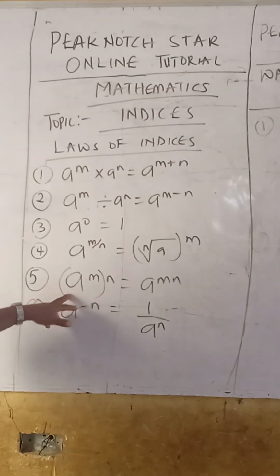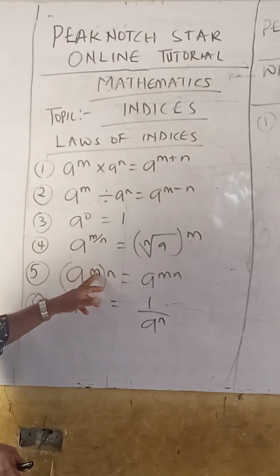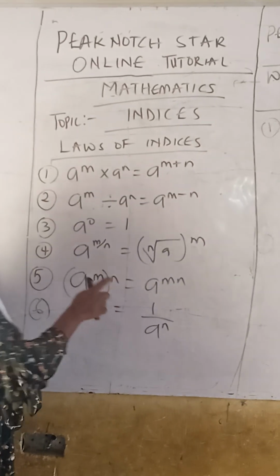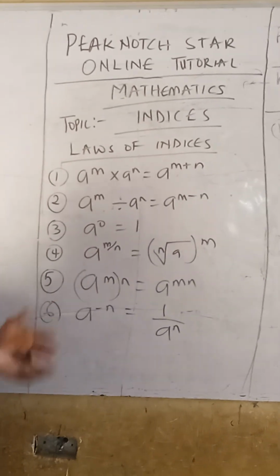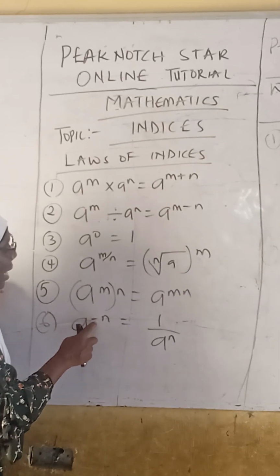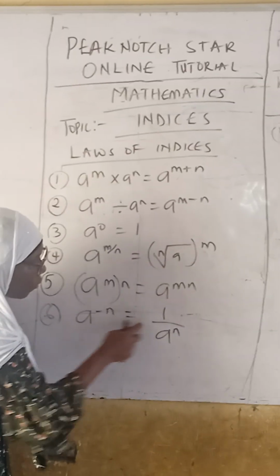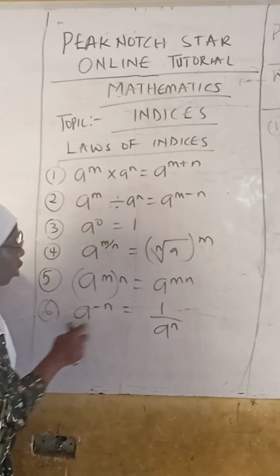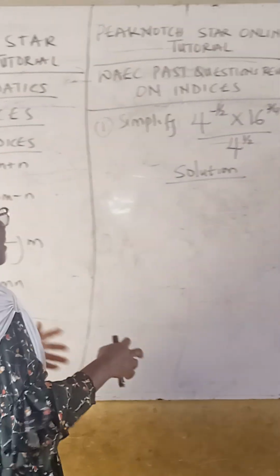Also, if you have one or two numbers or letters having a power and another power outside, then we are free to multiply the powers outside the bracket. Also, a number raised to a negative power, this negative will turn to 1 over, then you carry this number and the power. So let's take the first question on that.